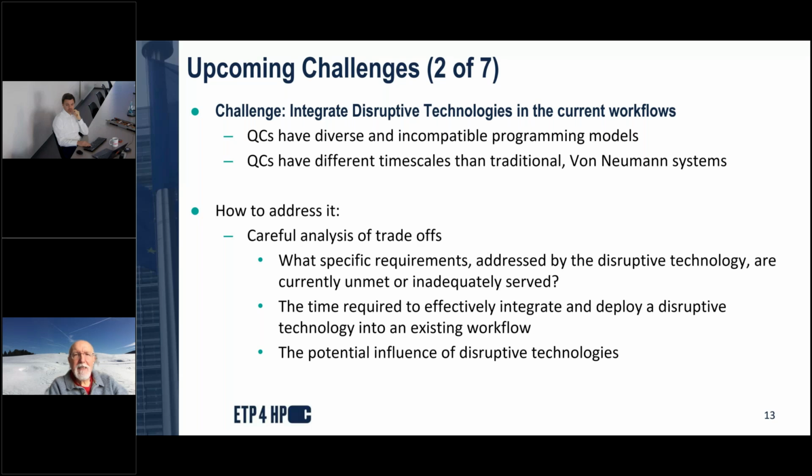And then the time required to integrate these new technologies into the workflow, and then what is the outcome or the influence of these disruptive technologies on the current workflow. It does not make any sense to integrate the technology if it is not bringing any value to the overall efficiency and effectiveness of the solution.